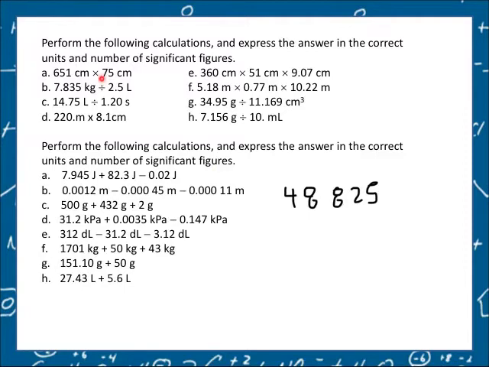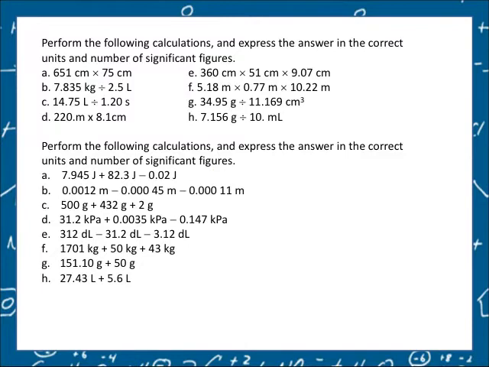So anyway, 2 significant figures on that one, 3 in 651. So I'm going to round this to 2 significant figures. My first 2 are the 4 and the 8. This 8, my third significant figure, tells me to round this 8 up. So my answer becomes 49,000 with 3 placeholder zeros.